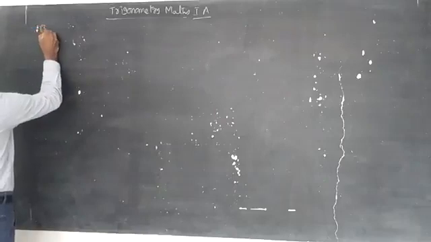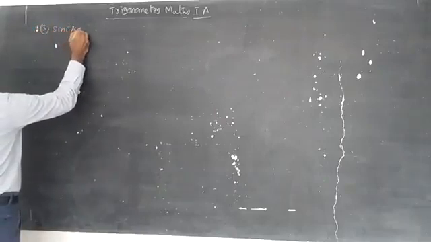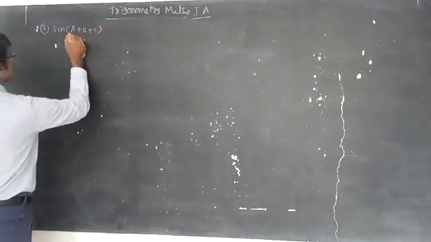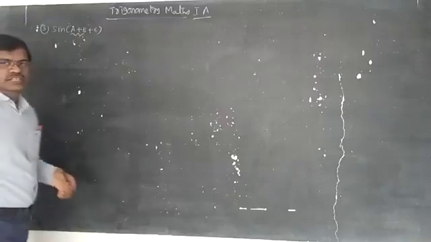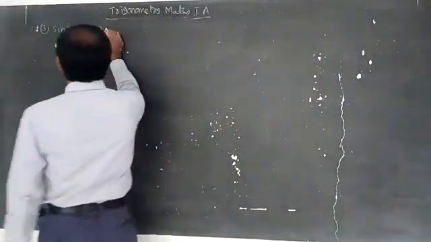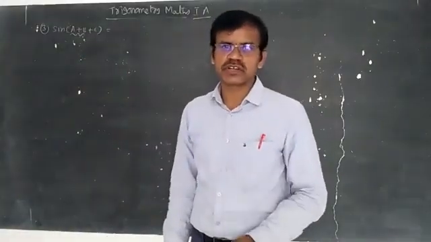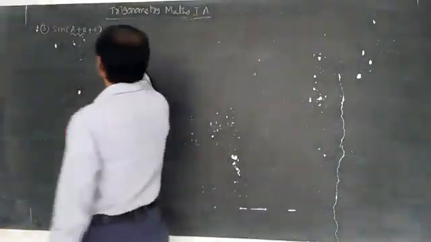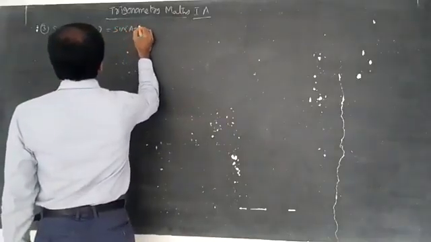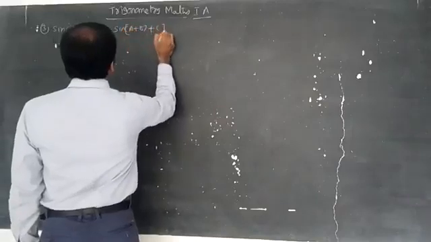Third formula: sin of A plus B plus C. Let us prove this one. A plus B, take a group. Of course, A separate group and B plus C separate group also you can take, no problem. Now write sin of A plus B plus C.